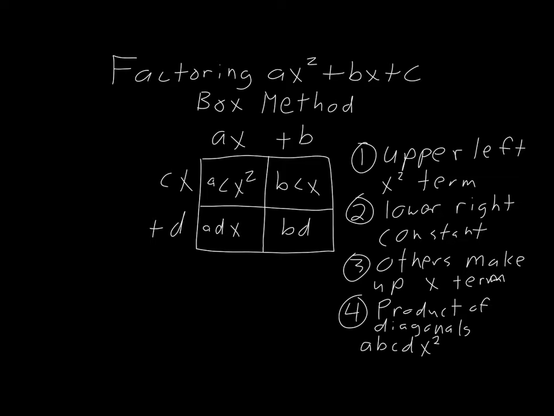Take a moment and you can see that that is true. You have all the a, b, c, d letters included and you have x squared, except the lower left and upper right, where the x's are split up, but then you multiply them together, they're all together. So we're going to take those four observations and use that to factor a trinomial.